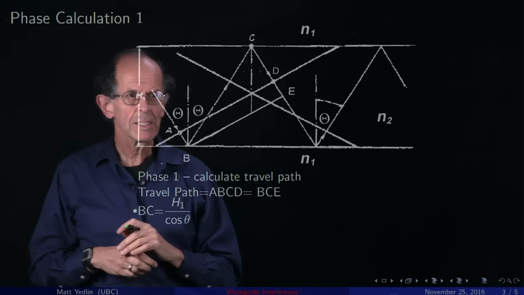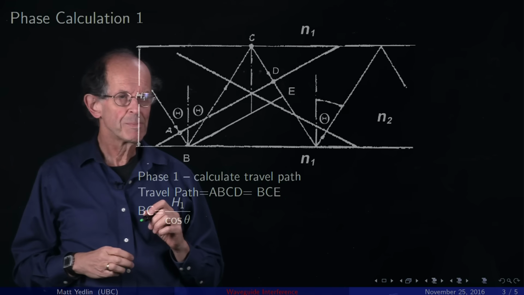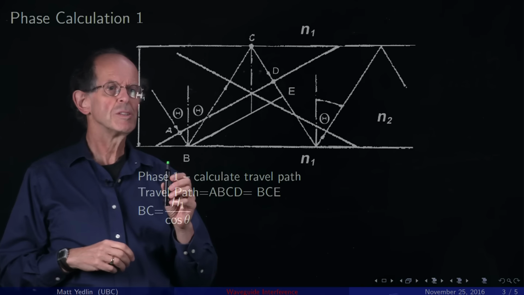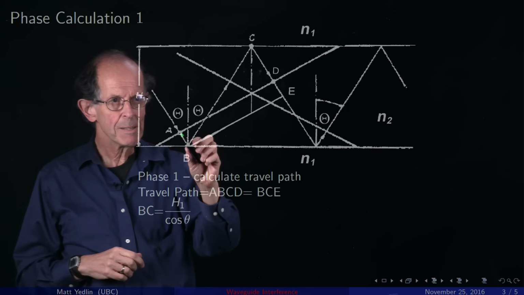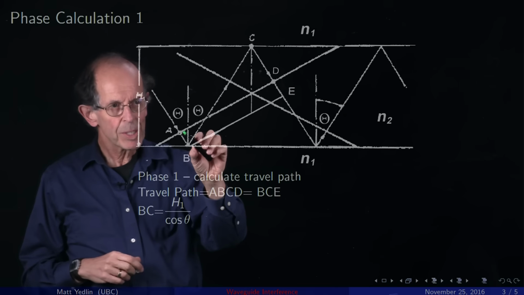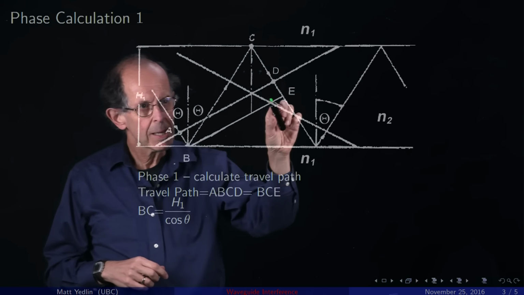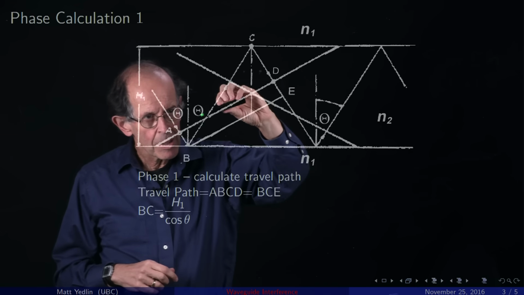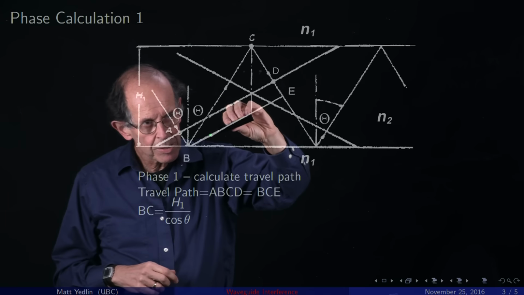First, let's calculate the travel path A, B, C, D. We're going to make it easy for ourselves because we're going to note that the part of the wavefront AB, the ray rather, here this part of the ray AB and this part DE are the same because this wavefront AD is moving parallel to itself down to the position BE.